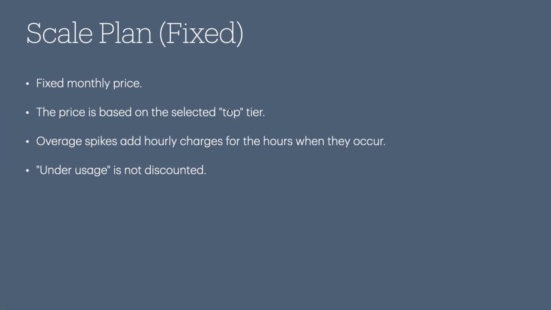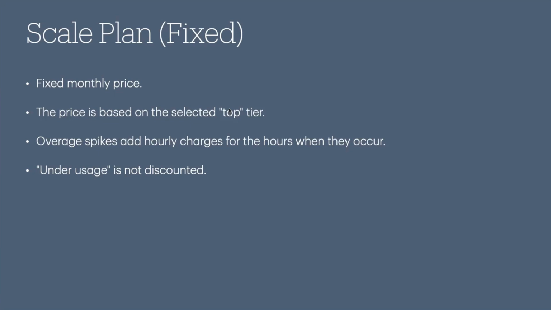And then if there are any overages above tier 5, those overages are going to be charged only for the hour when they occur. And every hour and every tier that your app spikes into will have a price that is determined by the tier that it goes into and the tier that your app is in, like the fixed tier.